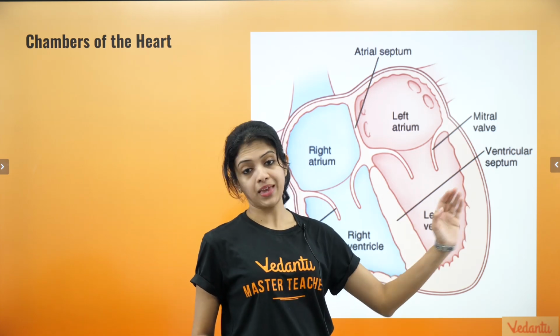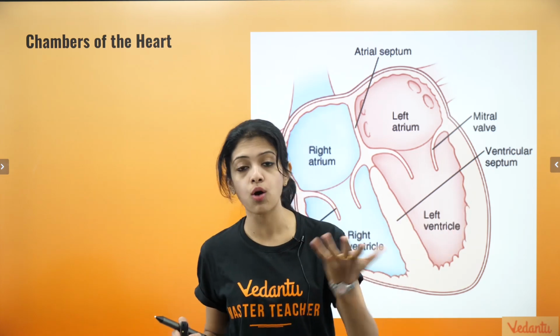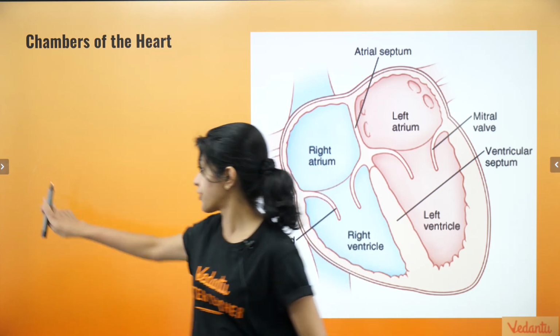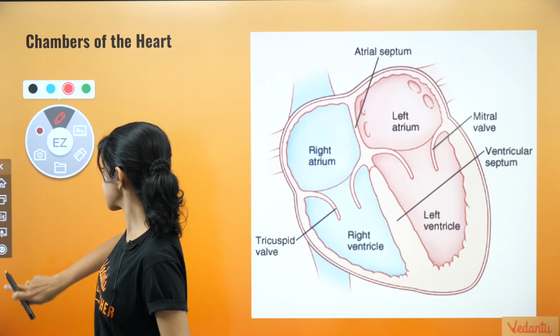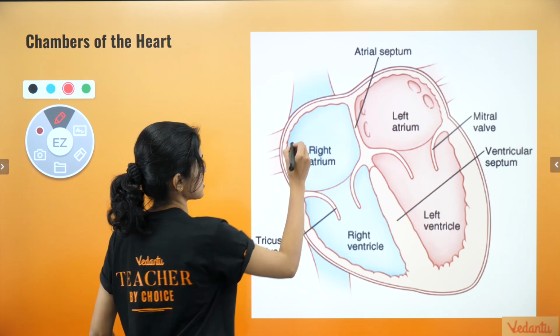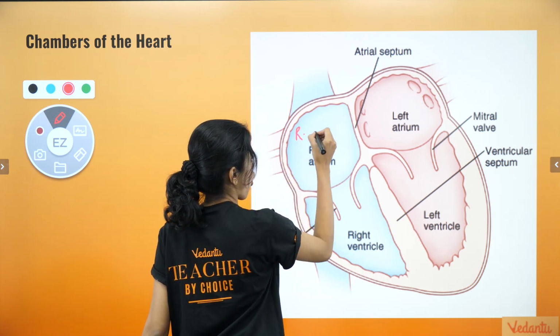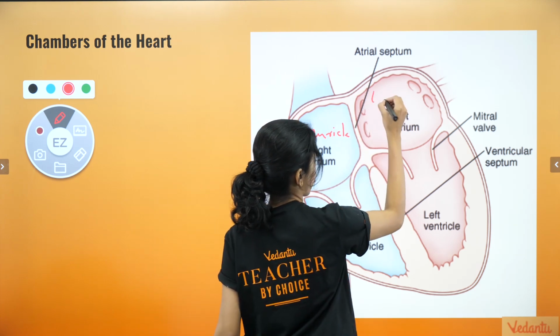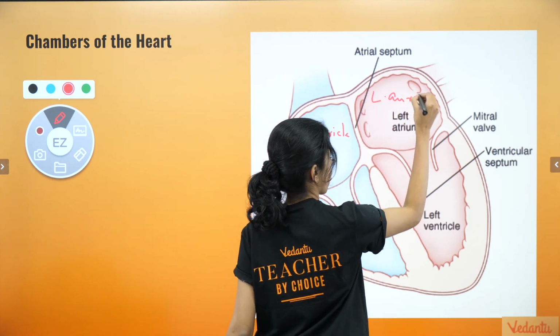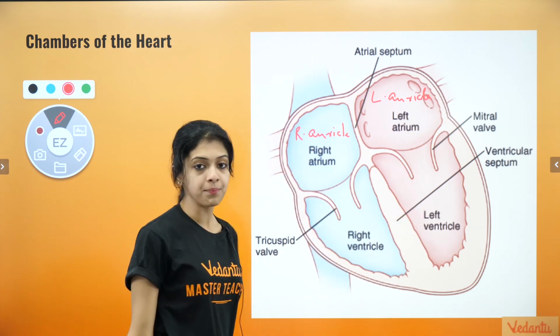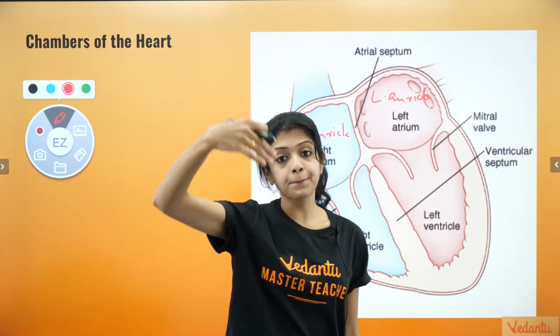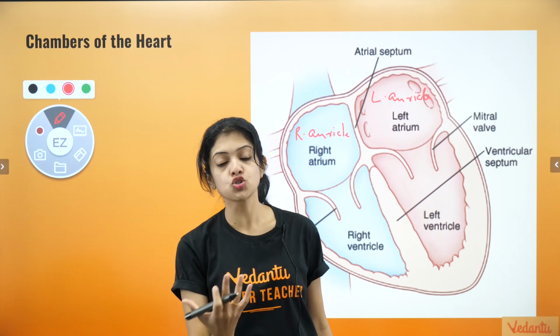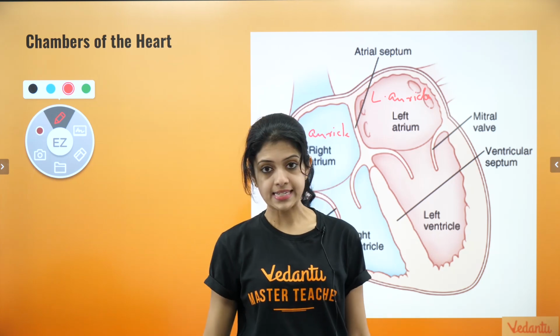The atrium is singular and atria would be plural. Atria are also called auricles. Okay? The right atrium or the right auricle. And the left atrium or the left auricle. Okay, so we have two upper atria and two lower ventricles.